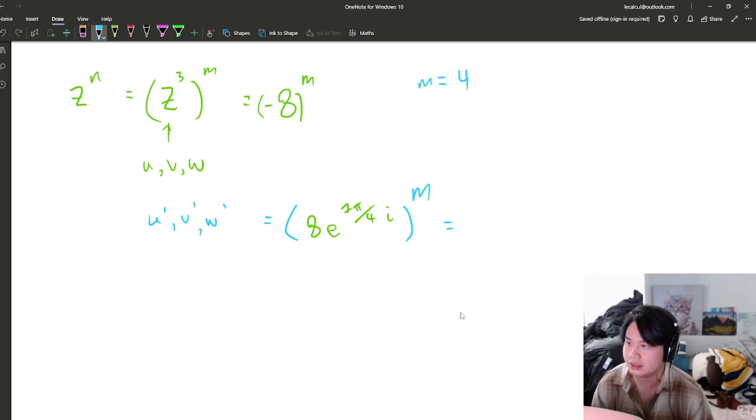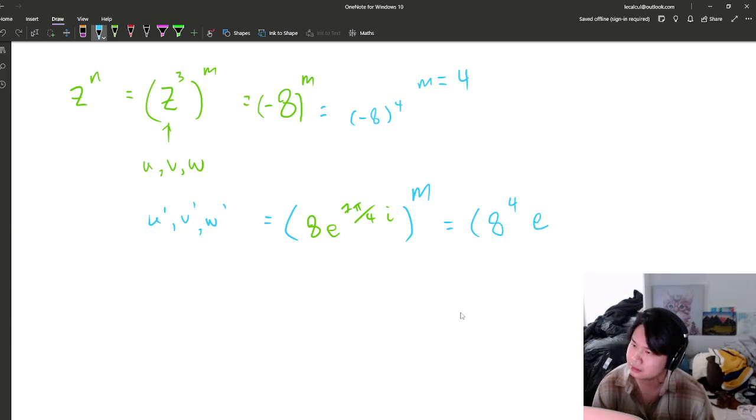Then this is going to be negative 8 to the power of 4. And then this one here is going to be 8 to the power of 4. And then e to the 7 pi i.